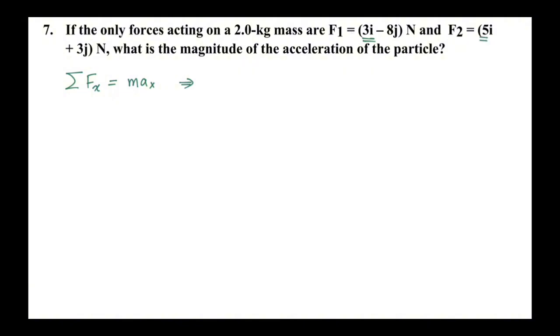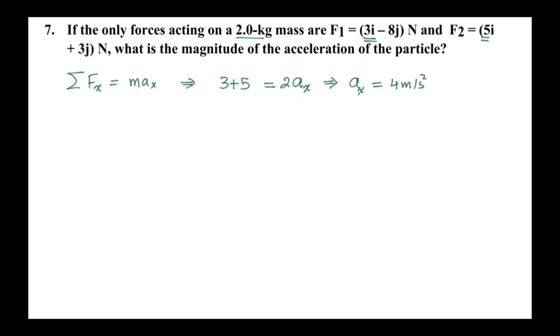So sum of all forces on X is actually equal to 3 plus 5 equal to, the mass of the object is 2 kilograms, times ax, and you will find from this one here ax is equal to 4 meters per second square. Now sum of all forces on Y equal to may.